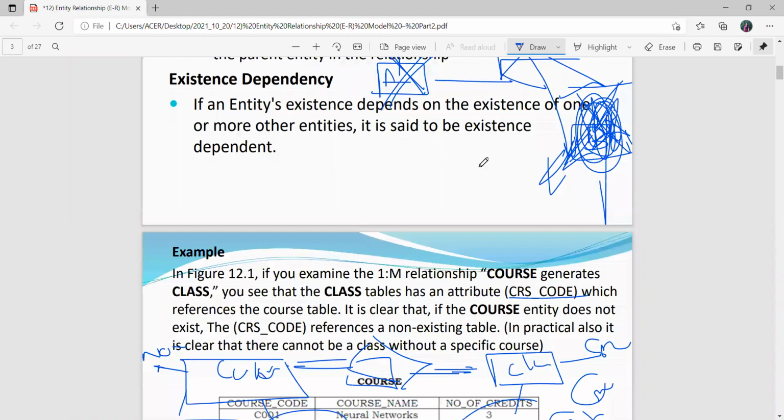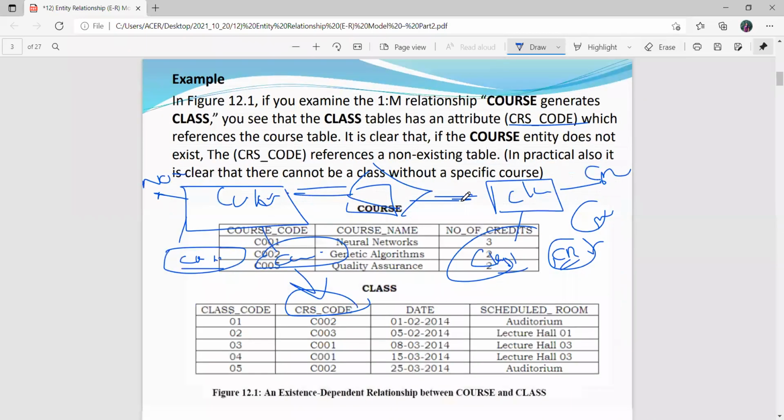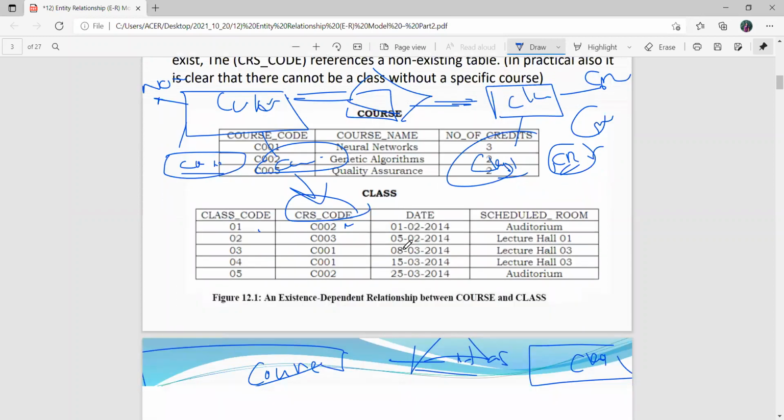It is needed to have a partially or totally derived key from the parent key for the relationship to exist. So this class belongs to this course, so it needs course ID and the class ID as the primary key of this class.